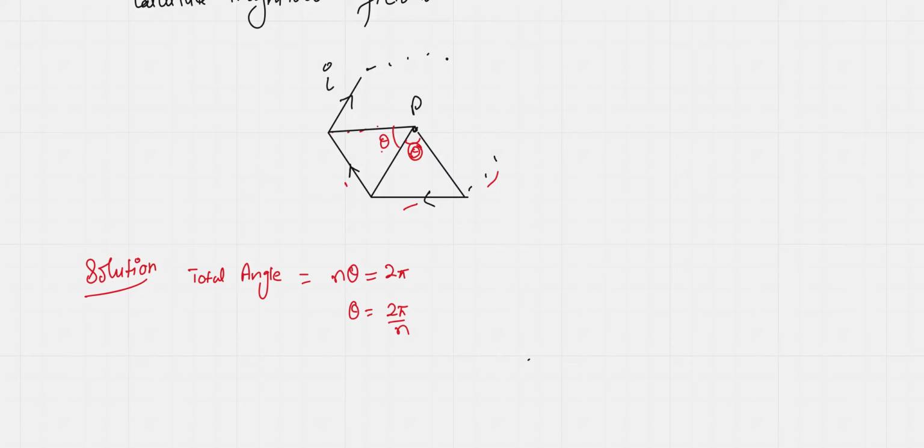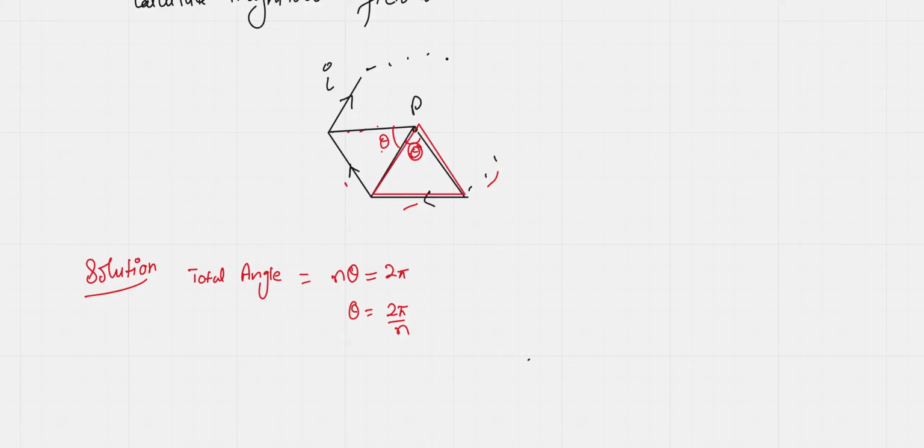Yes. Okay. If each angle is 2 pi by n, now can I do one thing? Just think of it. Look, this is a triangle, right? This is a side, you can see. Now I had this kind of shape, right?